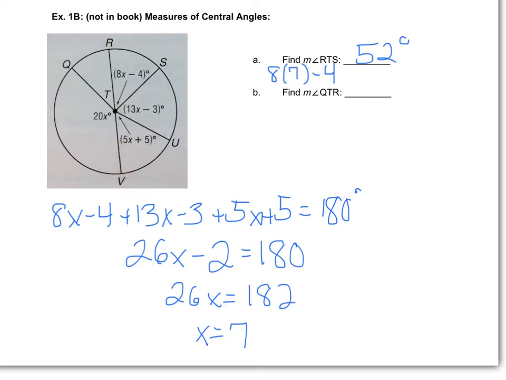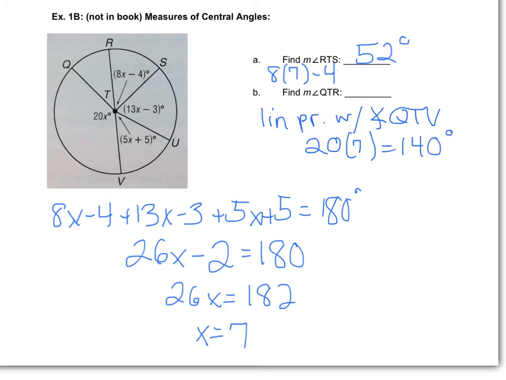So if I think about a linear pair, the angle there is 20x, so 20 times the 7 that we know x is gives me 140 for that big angle QTV, and so QTR, since it's a linear pair, is just going to be 180 minus that 140, so hopefully you can get 40 degrees there.